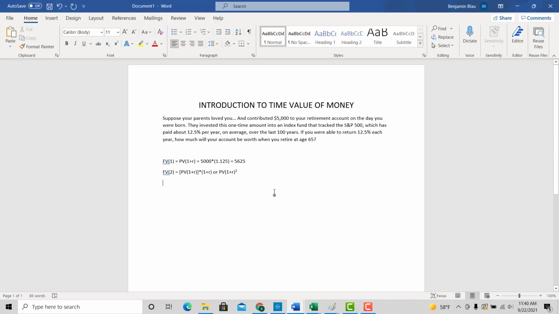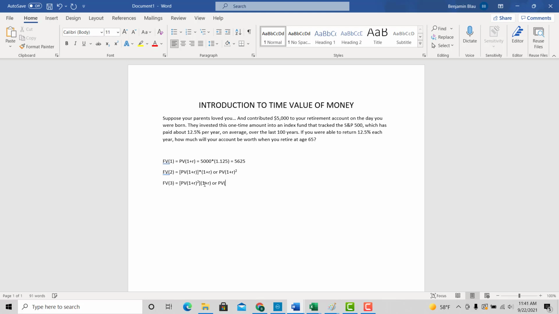Okay, so the future value in year three is going to be equal to the present value times 1 plus r raised to the power of 2. Give me a second here to superscript that. The present value times 1 plus r raised to the power of 2 is actually the future value in year 2. And I'm going to multiply that again by 1 plus r.